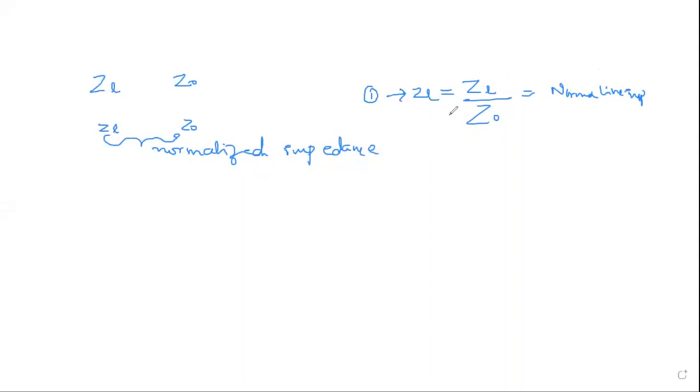Now you have to find an equation for this. For example, you know ZL is nothing but (1 plus gamma L) divided by (1 minus gamma L). First normalizing, for example, I'll consider Z. That is Z by Z0, which will be the normalized value.